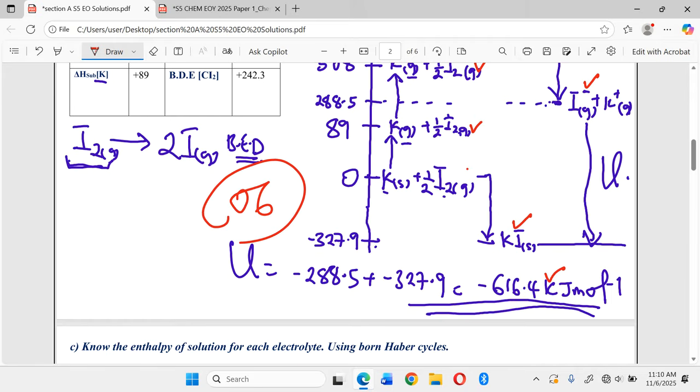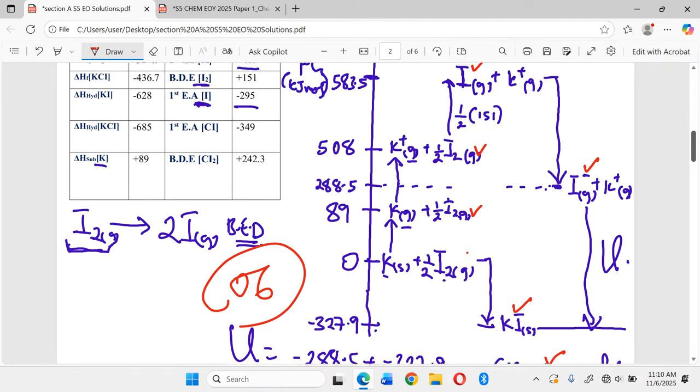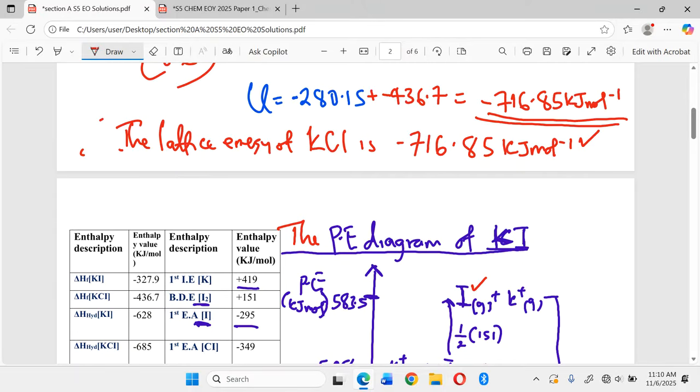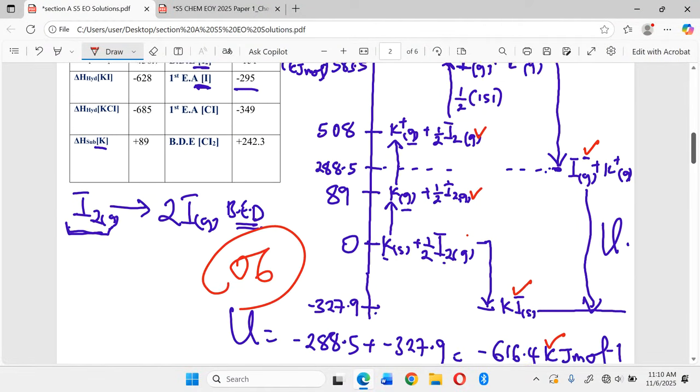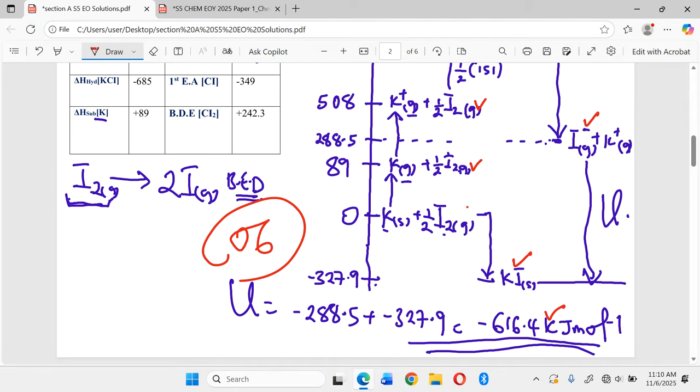This is potassium iodide having negative 616.4. That is its lattice energy. And then we also have potassium chloride with negative 716.85. And now they are asking which one will be the best. According to you, what could be your response? You can note down your response before we continue.